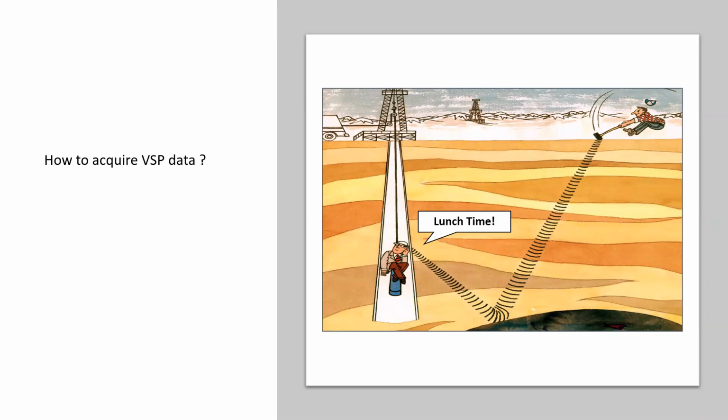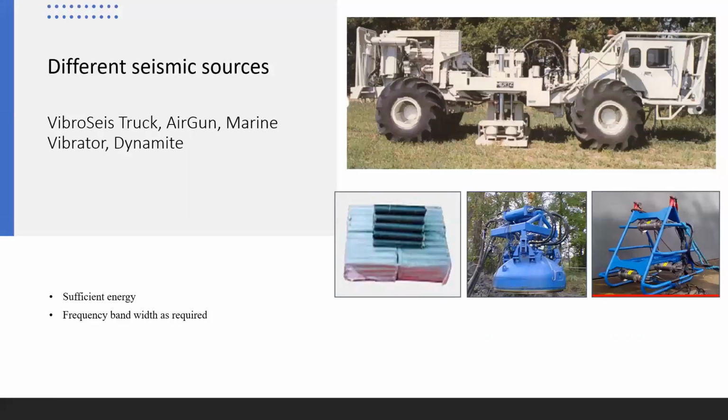A simple example is portrayed in the figure. A hammer is being used to send echoes into the earth that are being recorded in the wellbore. These are various seismic sources like vibroseis truck, air gun, marine vibrator, and dynamite that can be used for VSP surveys.